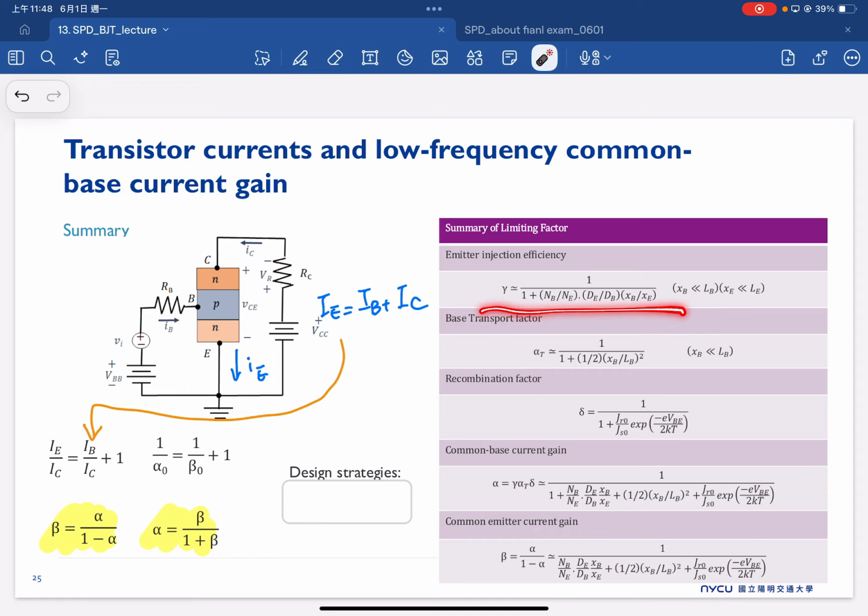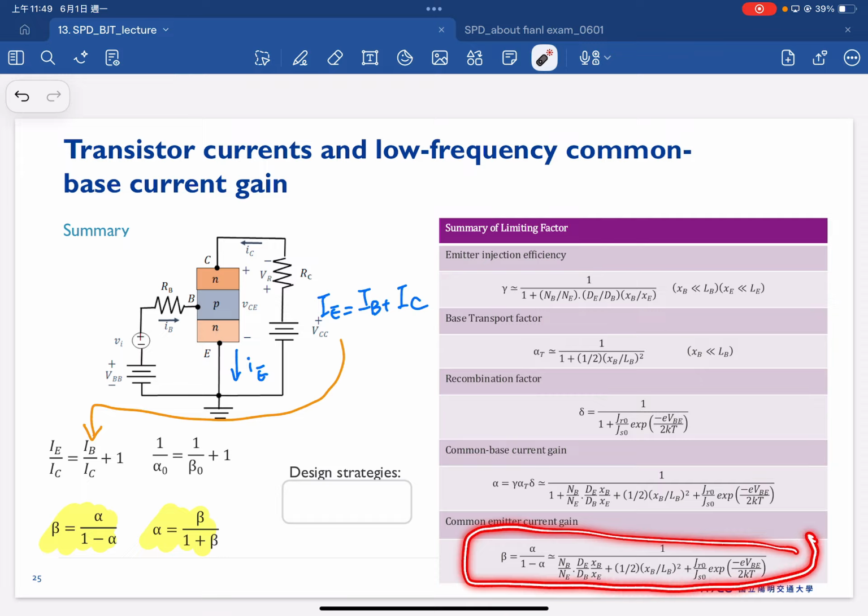We have this equation, this equation, and in the end, we put all these together, we get this: alpha is equal to this term, and beta is equal to this term. So this gives us a kind of design strategy.